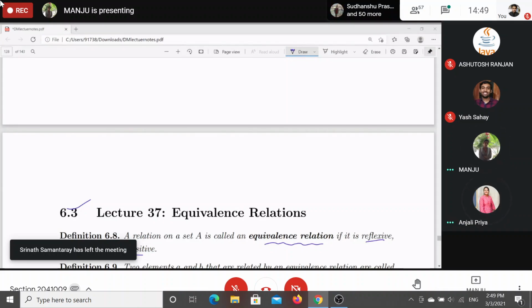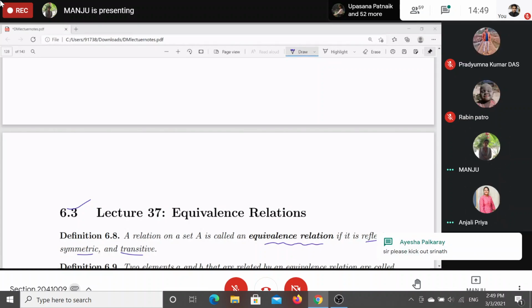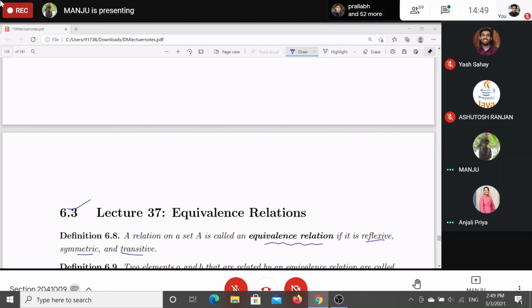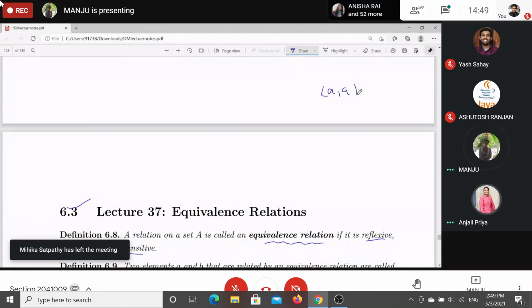Okay, tell me the reflexivity. Ma'am, reflexivity is like mirror image, if A is equal to A or B is equal to B, same image. Means A is related to A, and B is related to B. Right.